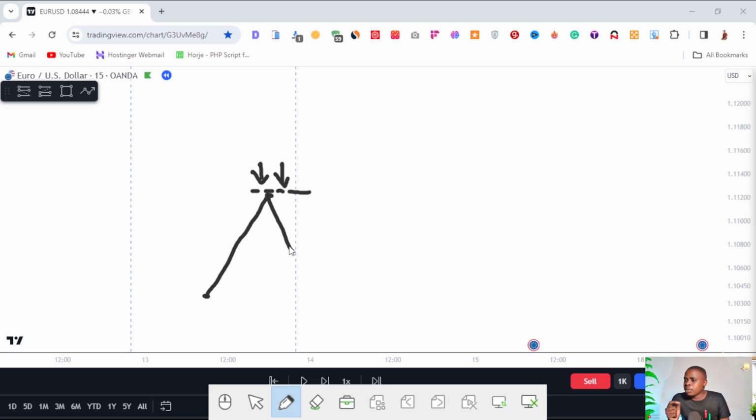Now once we get this pullback, we have sellers in control, but these sellers are also going to take profits, and buyers are going to come into the market at some point, and then they will push prices to the upside. And when they push prices to the upside, we want to take note of this zone right here, and then we have another pullback.